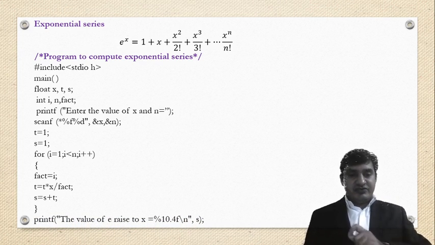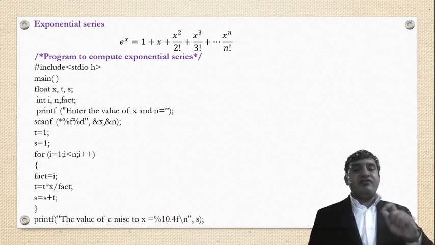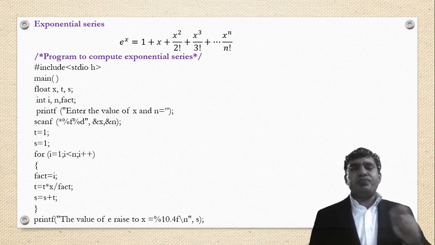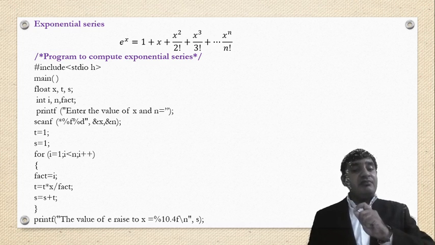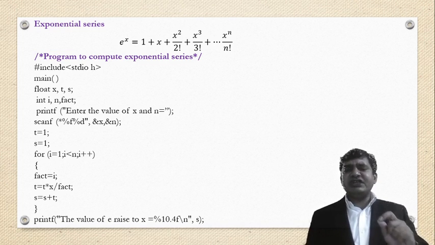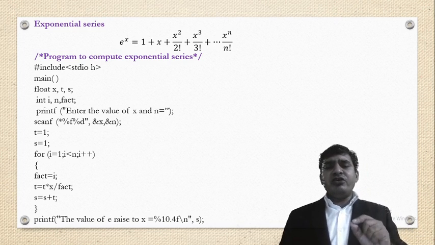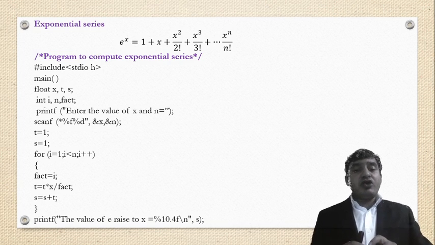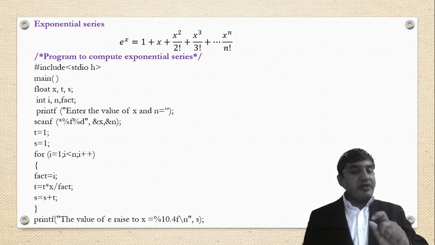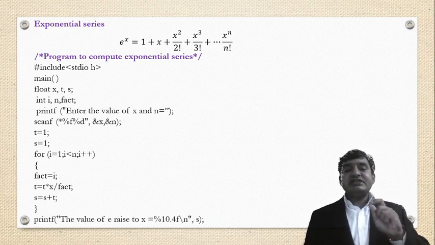Now printf, the value of e raised to x is equal to percentage 10.4f. Actually it is percentage f, but why 10.4? This is for formatting the output.